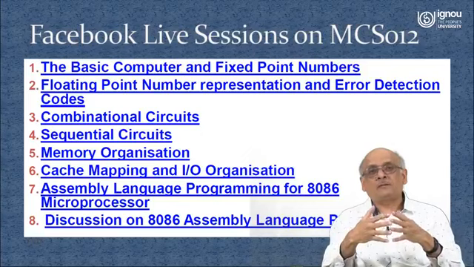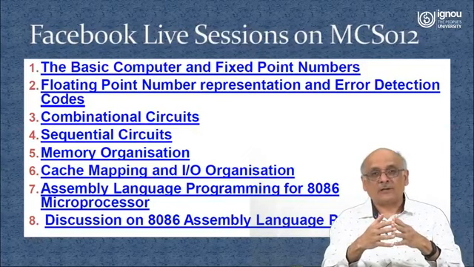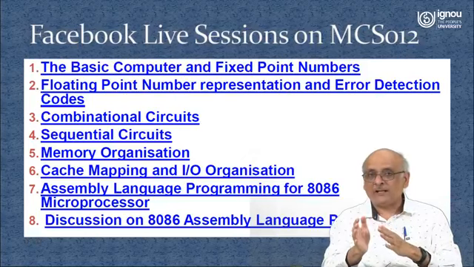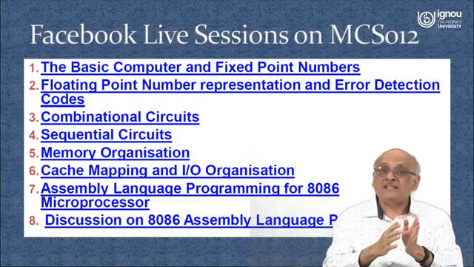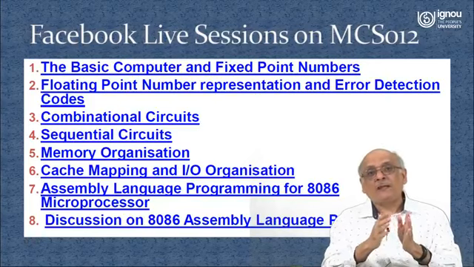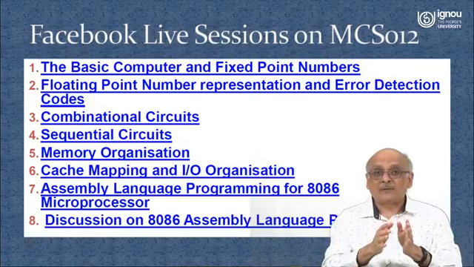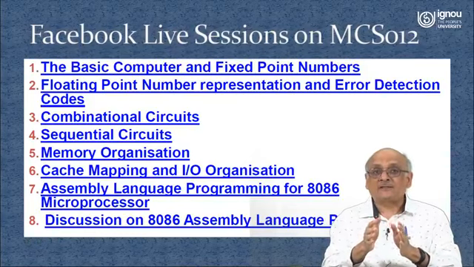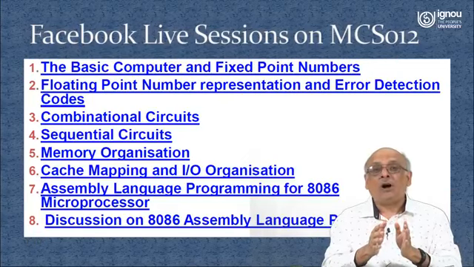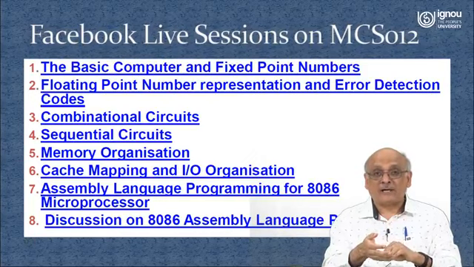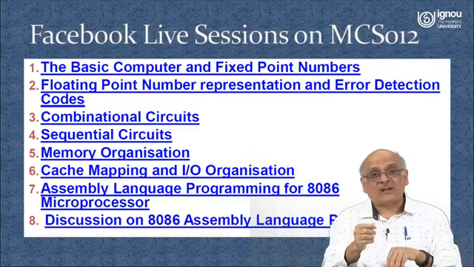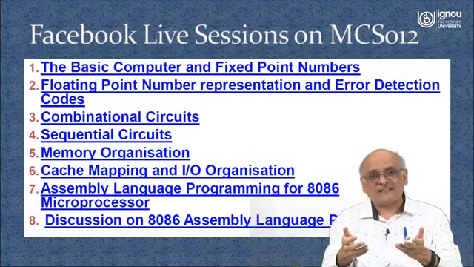Technically, block 3 is about the central processing unit, and the central processing unit is responsible primarily for execution of instructions, and those instructions are machine instructions, right? So when we learned about assembly language programming and the microprocessor, what we technically discussed was one of the implementations or examples of a machine, which happens to be the 8086 microprocessor, and the assembly instructions are equivalent to machine instructions only.